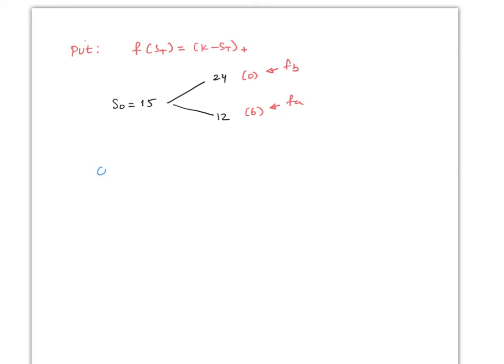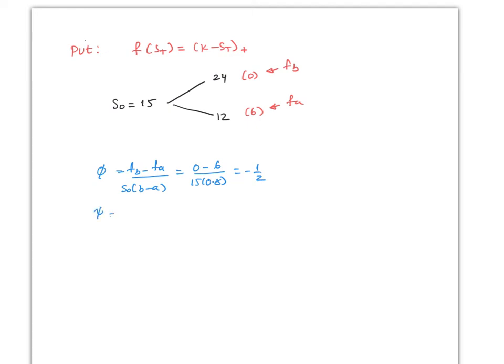So then if we plug it into the formula, which, remember, was F of B minus F of A over S0 times B minus A. So now this will be 0 minus 6 over 15 times 0.8, and this is equal to minus 1/2.